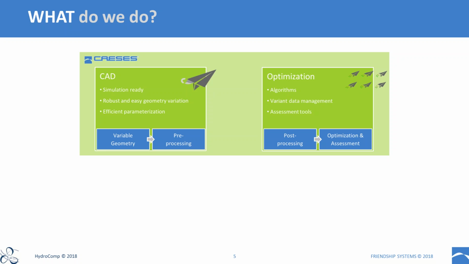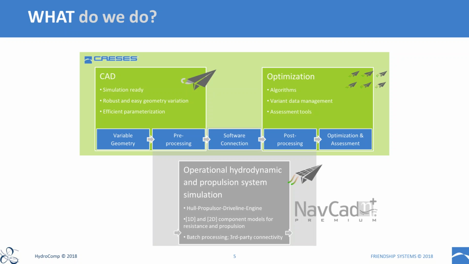So you have a geometry that you want to change in an automated process, and that should be easy and robust, as well as described in an efficient way. To complete the process, we provide the generic interface that can be used to couple any type of external tool that will provide some kind of performance feedback about our geometry during the optimization. In this case, it will be NavCad, and Don will say a little bit more about that after my introduction.